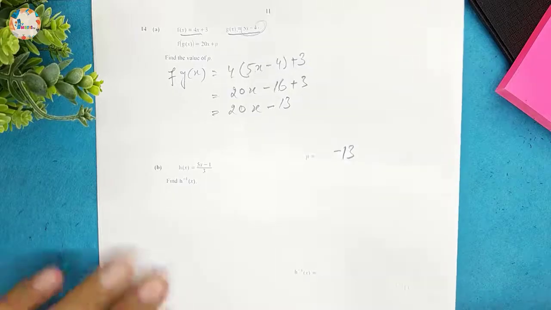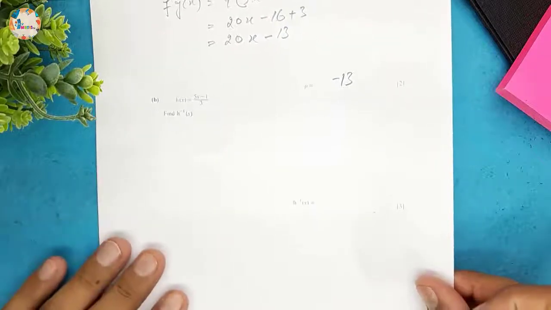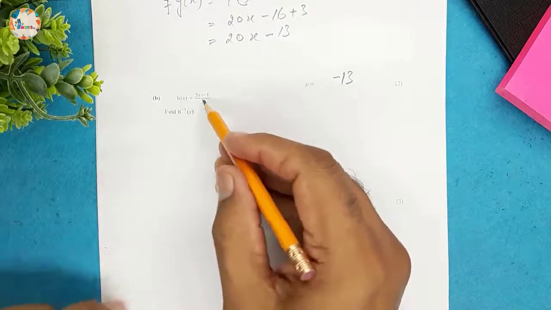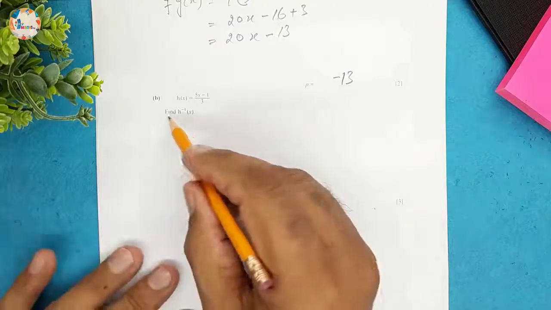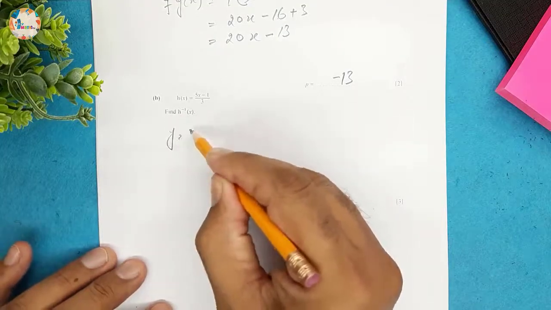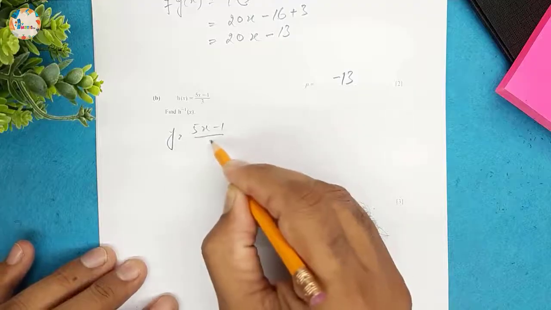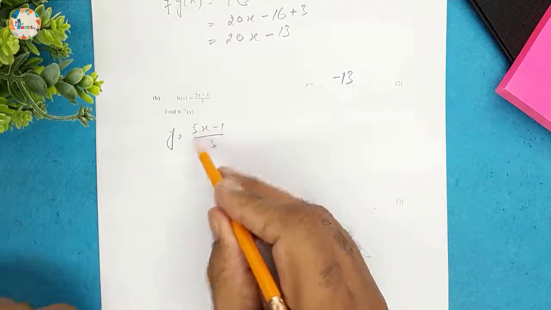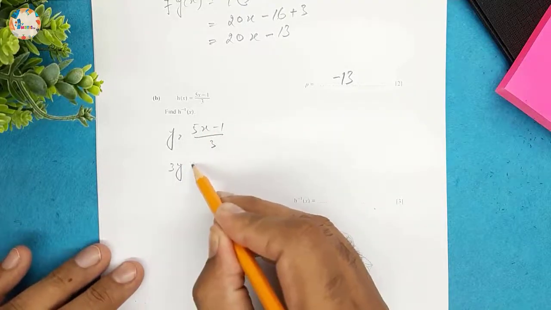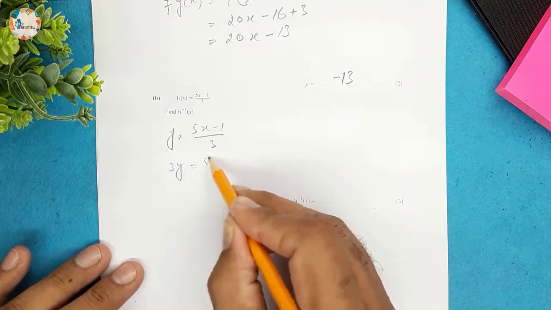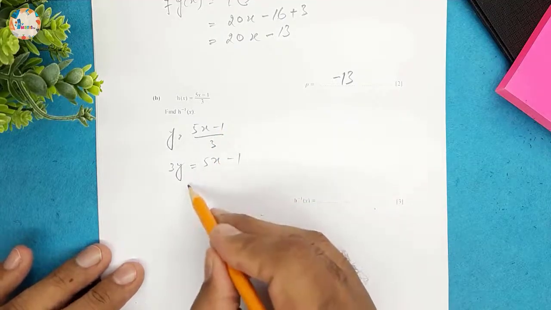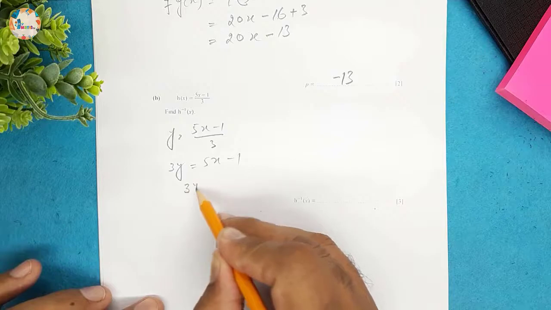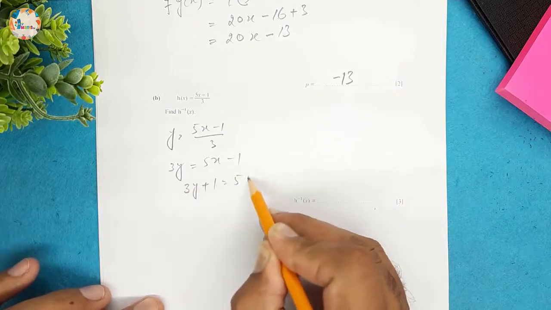Then for part b, h of x is equal to 5x minus 1 over 3, find h inverse of x. So y is equal to 5x minus 1 over 3, and we can make x the subject. So 3y is equal to 5x minus 1, which means 3y plus 1 is equal to 5x.